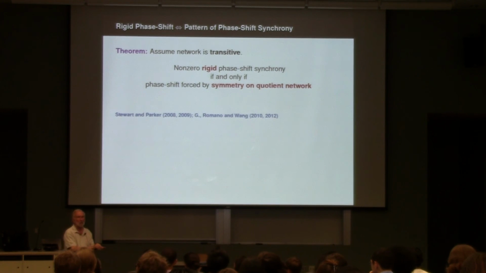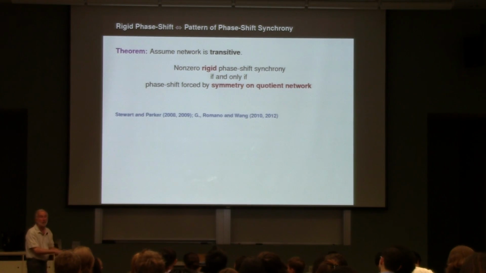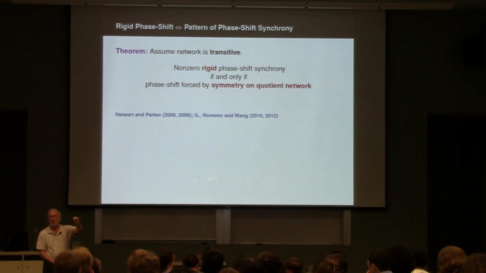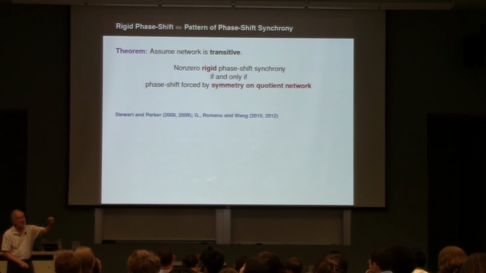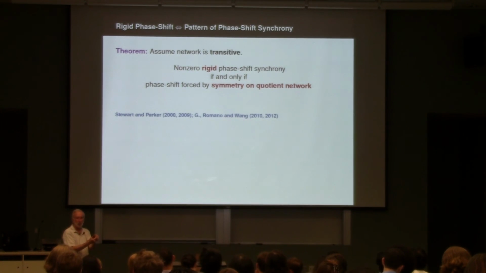And what I wanted to point to is that after a number of years of working on this, there's finally a theorem. And the theorem says that if you have a coupled system of differential equations, a network of differential equations, and the network is transitive, that means you can get from any node in the network to any other node by a sequence of connections or couplings.